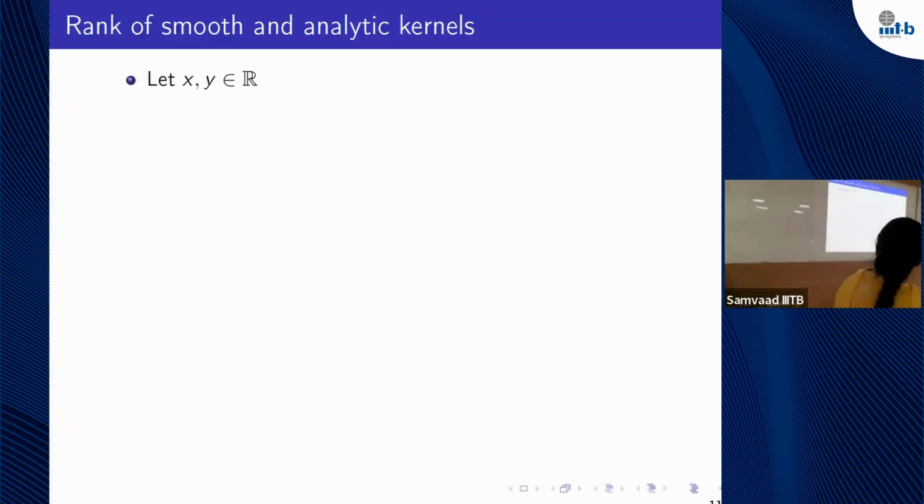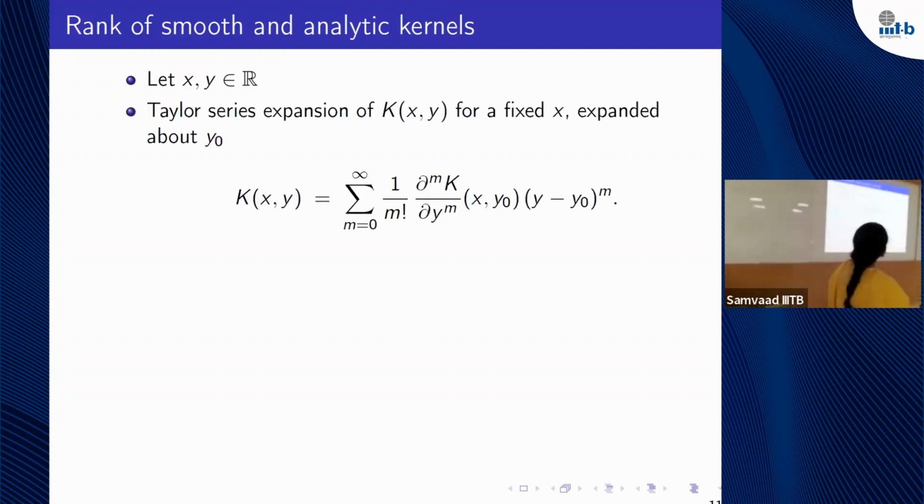So let me be working only in 1D, though this whole explanation holds for any dimension. I consider x, y to belong to the real numbers, and I assume that I have a kernel function that is smooth and analytic. I need a smooth kernel function because I am now going to construct the Taylor series expansion of k(x, y).